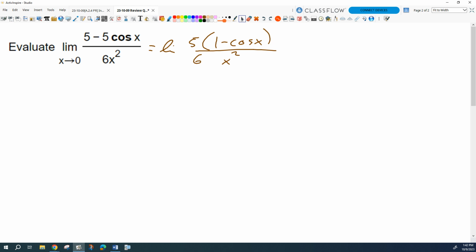What could I multiply that by to use a trig identity that's going to make that a single term instead of 2 in that factor? And keep in mind, this is kind of a bonus. It's only worth like a point out of 100 or something, right? It's not very much. What I would multiply by is 1 plus cosine x over 1 plus cosine x. How come?